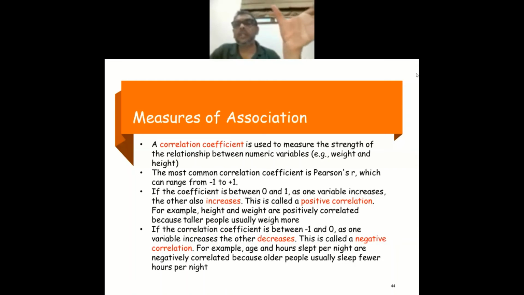Why do we need to know negative or positive? Kalau dia positif, maka dia betul lah. Lagi banyak kita exercise, lagi banyak kita lose weight. That is what we say as a positive coefficient. A negative coefficient is less: the more we eat, the less we lose weight. Coefficient means antara salah satu variable, ianya ialah negatif. Kalau coefficient positif, kedua-duanya positif.